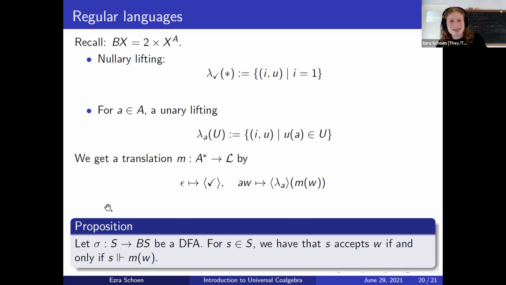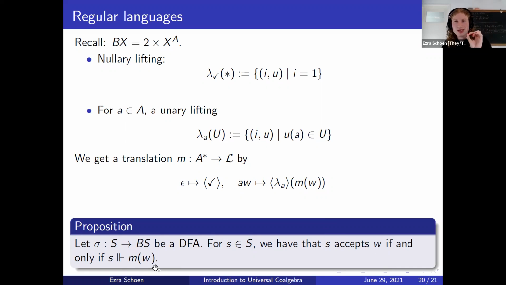But what does this tell us? This tells us that logical equivalence is strong enough to capture behavioral equivalence, because behavioral equivalence is just having the same language, and here we see that we can find the language that a state accepts within the set of formulas that it makes true.